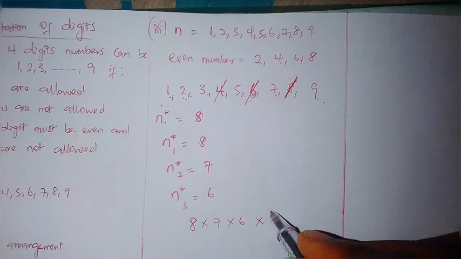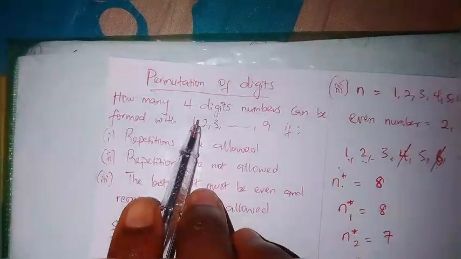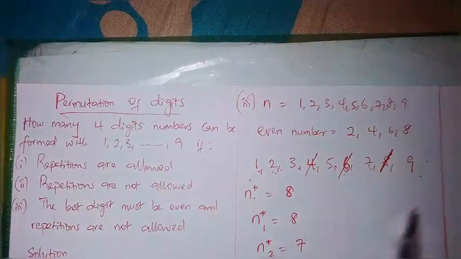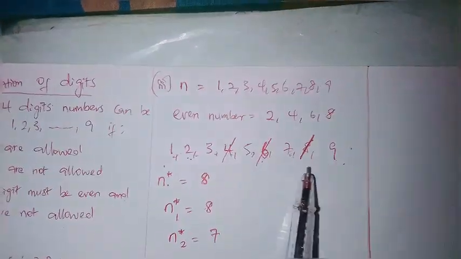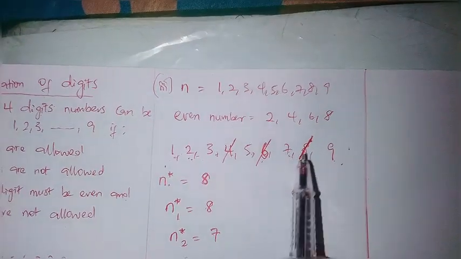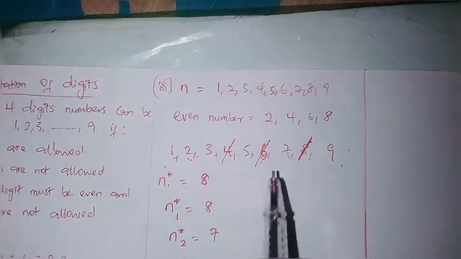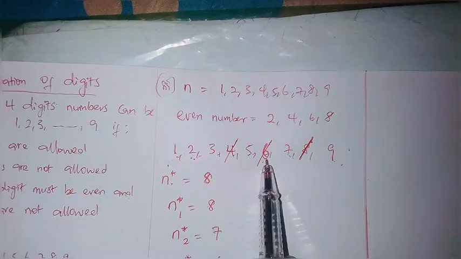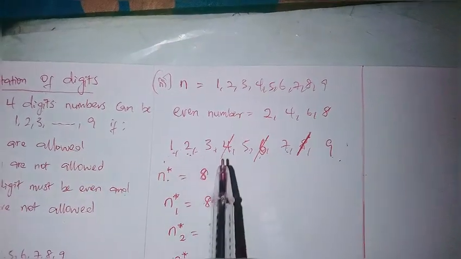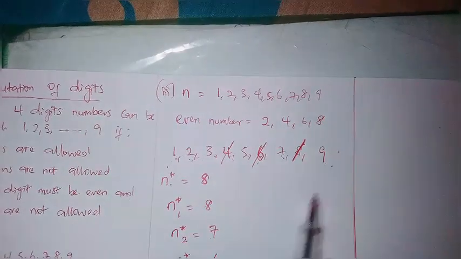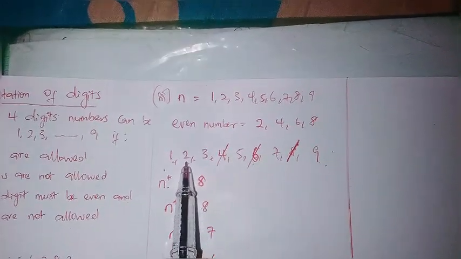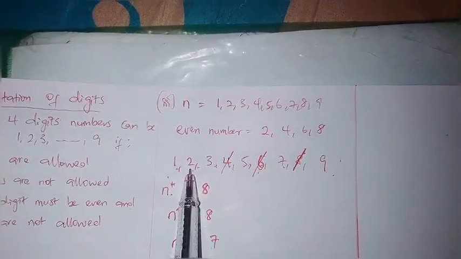Now, this 4 represents the 4 digits that can be the last digit if it is even. We start from 8, we got 8 remaining, we go to 6, we had 7 remaining, we went to 4, we had 6 remaining. So we have only one last digit here which is even, and that is 2 in my case.